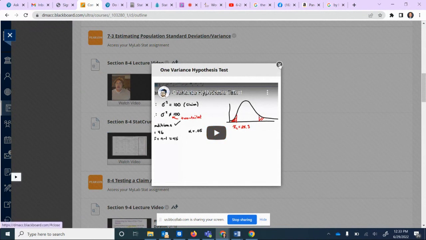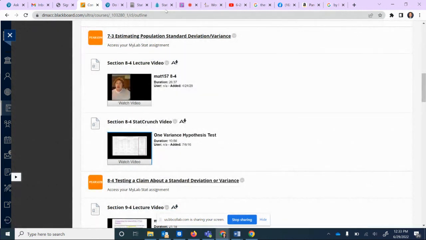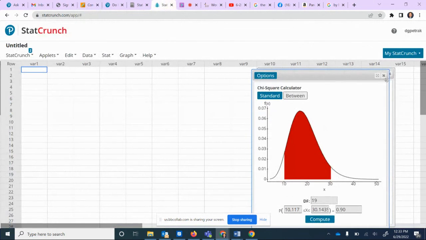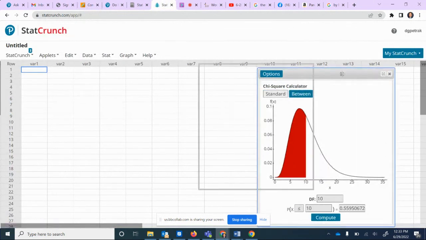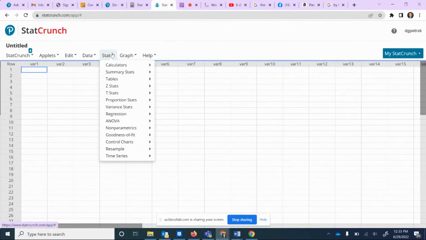And like before, the area where we do confidence interval and the area we do hypothesis test are essentially the same clicks, right? You just click on one or the other. Sure. Yeah. And so in StatCrunch, here, I'll show where that is. So we'd go Stat, and then we would go to Variance Stats. That's where we'd find the ones we're doing here.